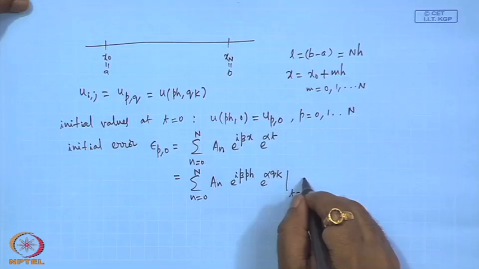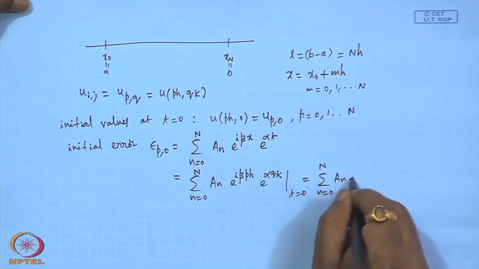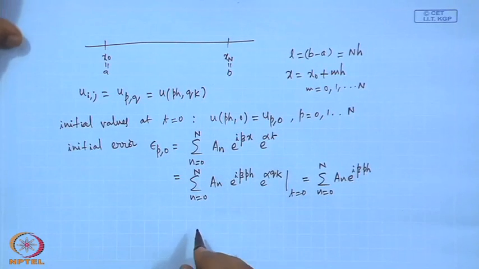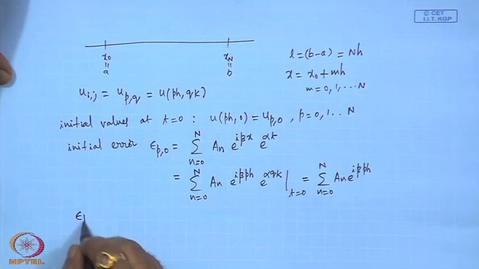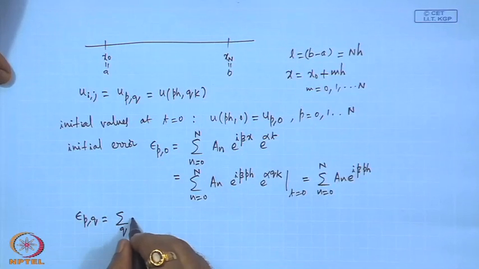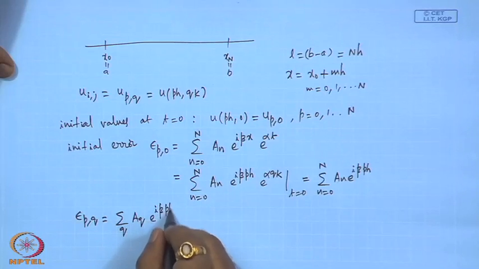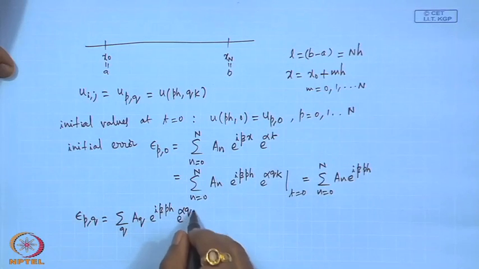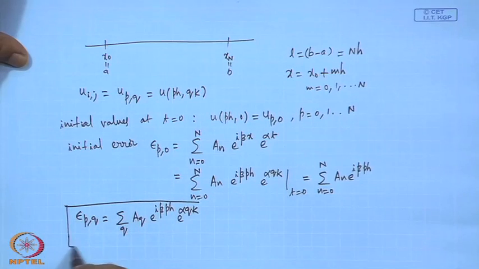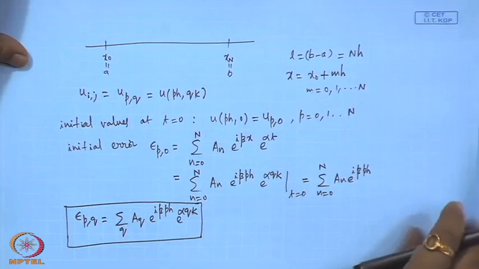Therefore, the general notation is the summation over q of a q, e power I beta p h, e power alpha q k. Okay. So, this is more general, whereas this is the initial expansion for t equals 0. Okay.